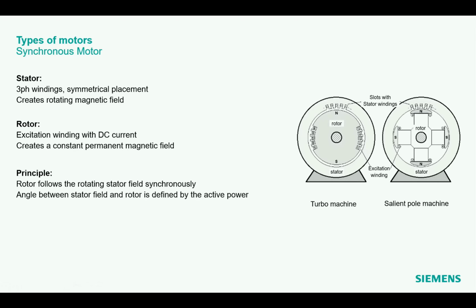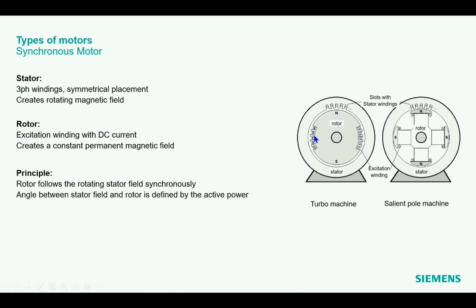So it keeps pace and it moves synchronously here. This is the difference. Also here I can overdo the situation. If I need too much power, then the angle becomes bigger than a certain value. And then the rotor falls out of synchronism. So then the whole thing becomes asynchronous. And for the synchronous machines, this is not a good state. So in that case, normally you switch off the motor.